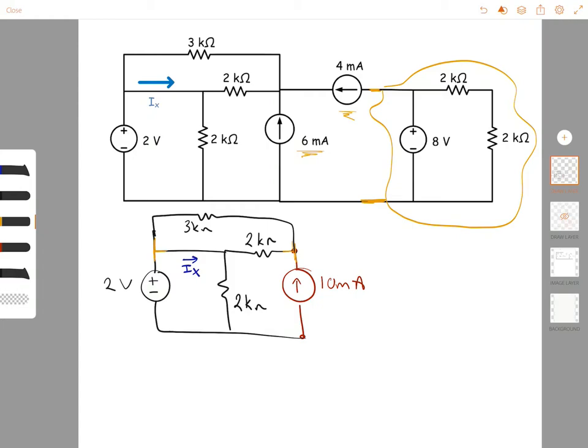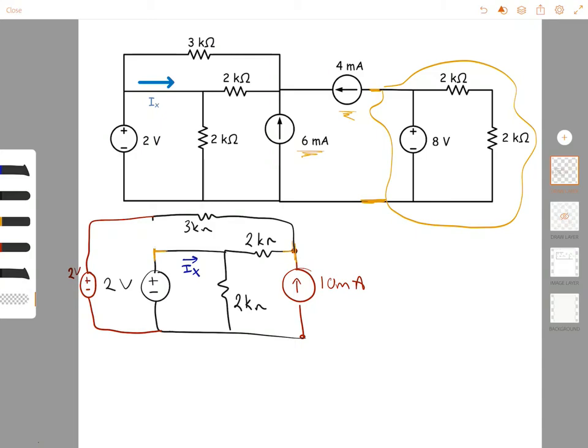So what I will try to do is use again a trick. I will add a 2-volt supply here, which does not change my circuit at all. And I will cut the line that is connecting these two supplies.